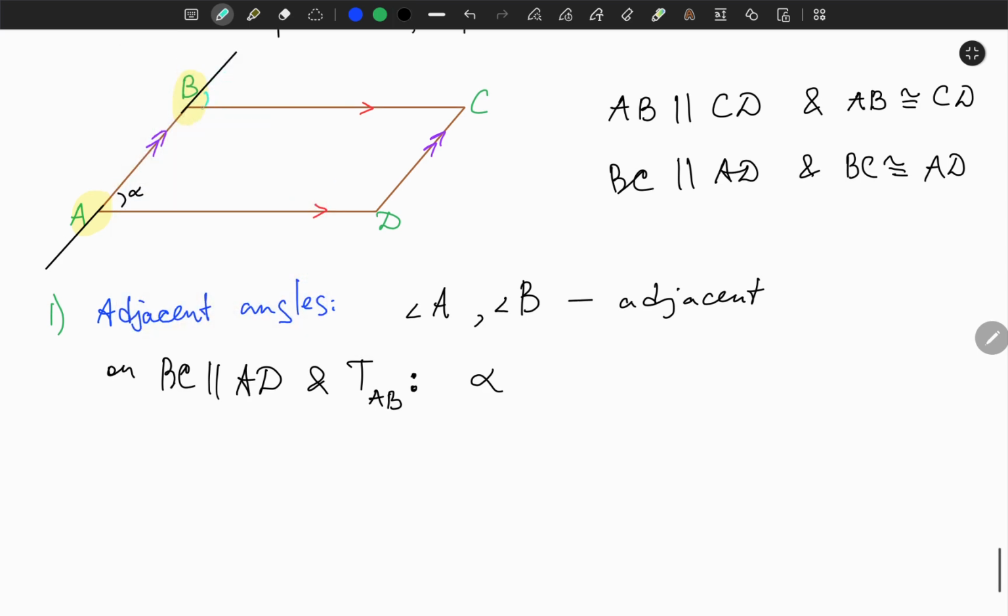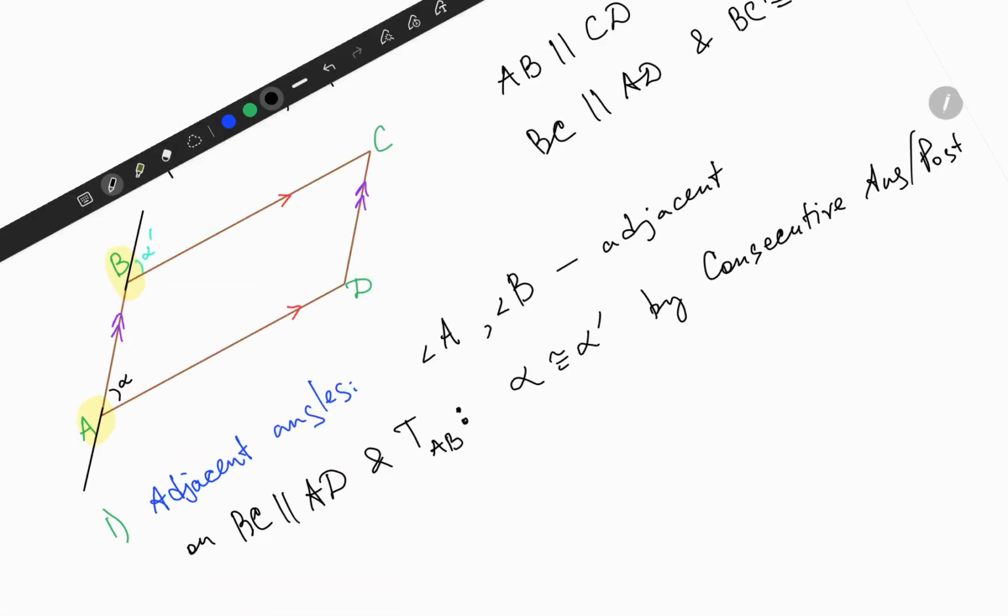Angle alpha will be congruent to angle, let's suppose this is alpha prime, by the consecutive angle postulate. All right.